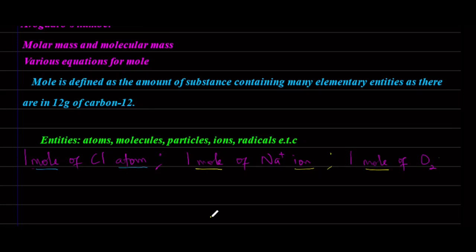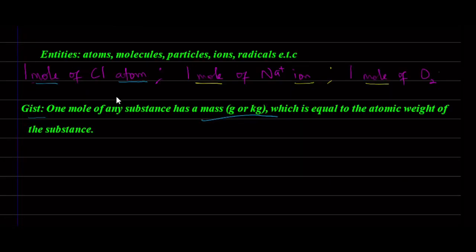Now let's look at an important key point regarding this mole of a substance. So 1 mole of a substance has a mass which is in gram or kilogram, which is also equal to the atomic weight of the substance. This is the key point we use in solving questions. Let's try to analyze it.